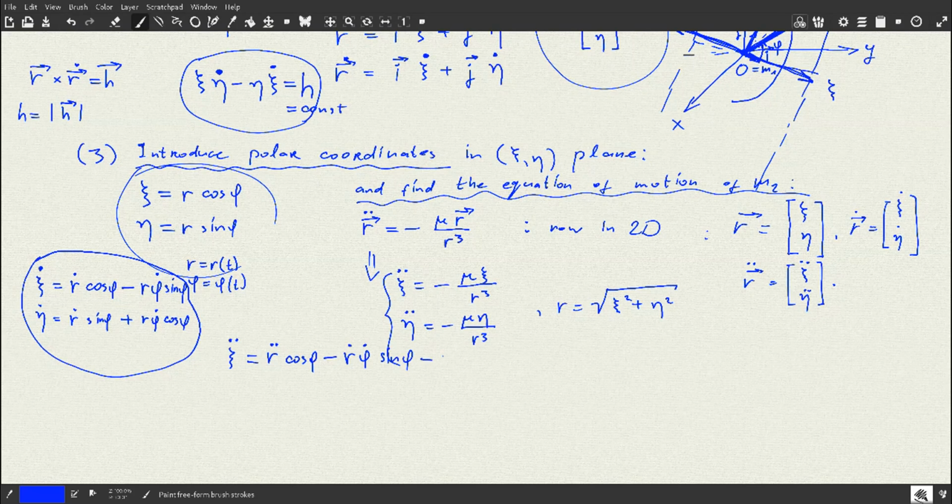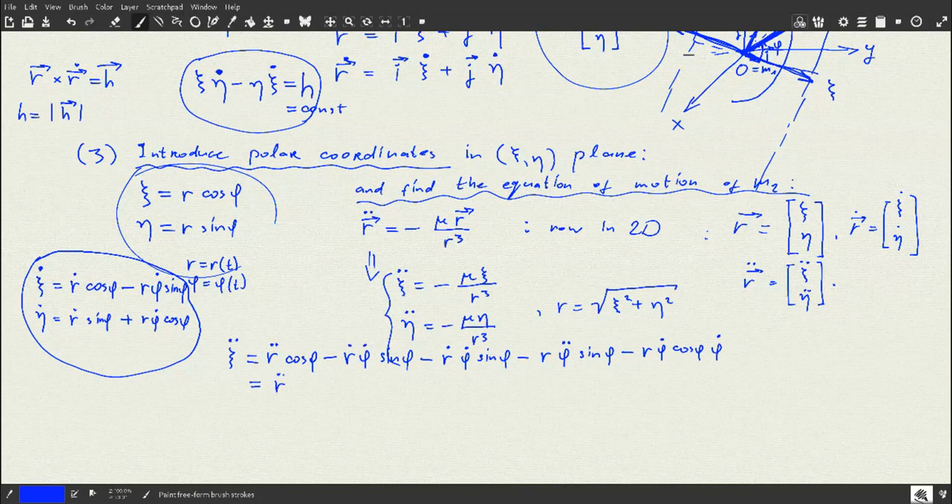Therefore, we get minus r dot, differentiating the first one, others unchanged, phi dot sine phi, minus r phi double dot, differentiating the middle term, sine phi, minus r phi dot, now differentiating sine phi, which would yield cos phi and phi dot as well. Okay?